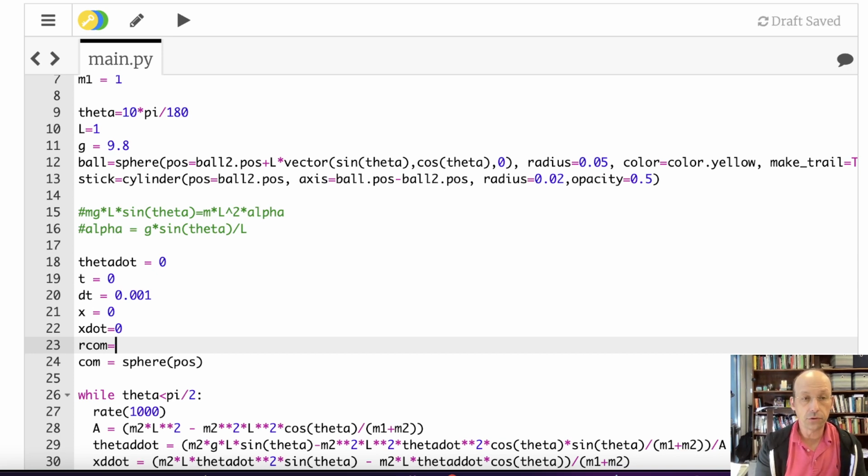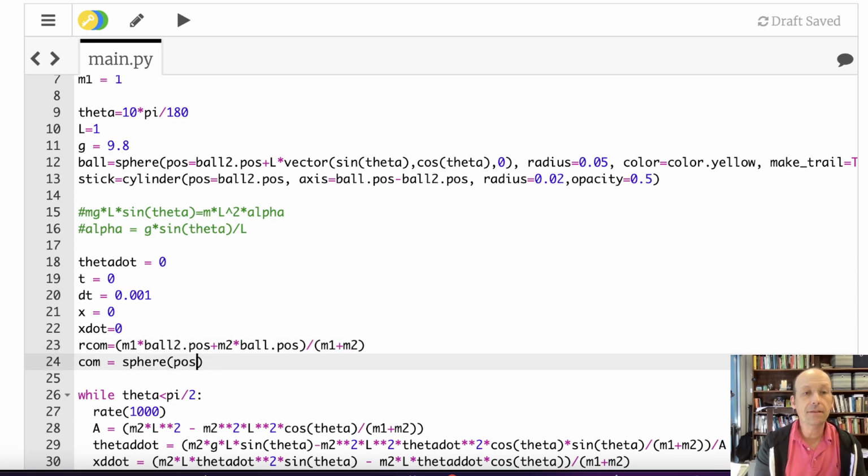RCOM is going to be equal to, we can calculate the center of mass as M1 times ball 2.pos. Remember, those are backwards because I'm a big dummy. Plus M2 times ball 1.pos, which I just call ball, divided by the total mass of M1 plus M2.